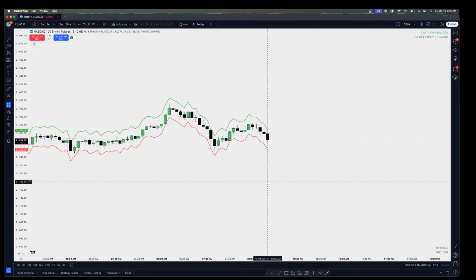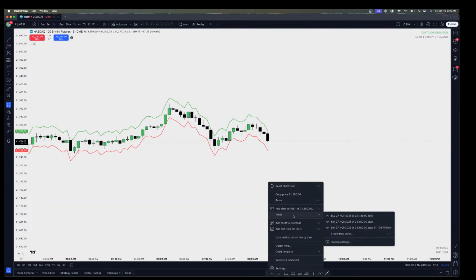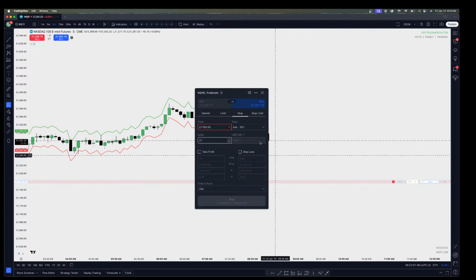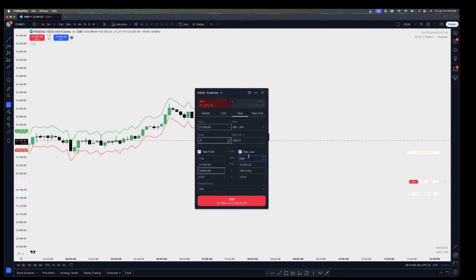But essentially what we're doing is we're creating an order. If we're below price, we're going to sell, and we're doing a sell stop. We're not putting any stop loss. We're just doing a sell stop order. Make sure it's a stop order, not a market or a limit order, because if you sell below price, it's instantly going to put you into a trade.